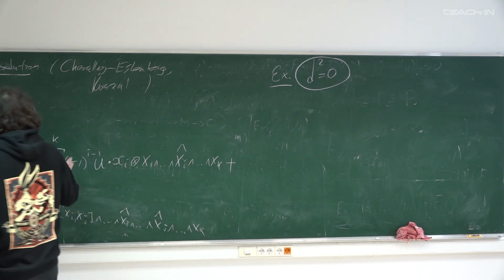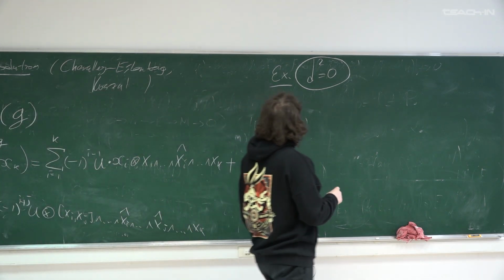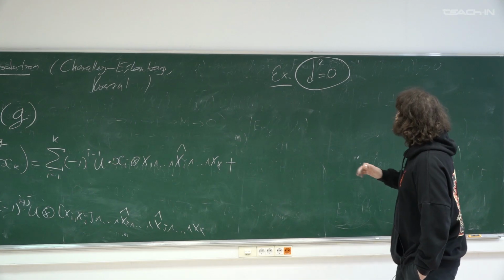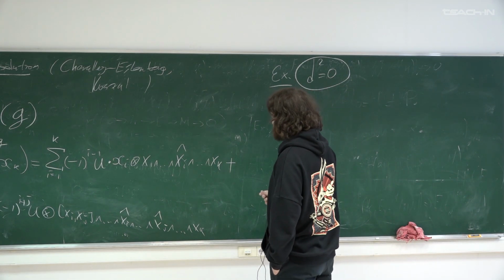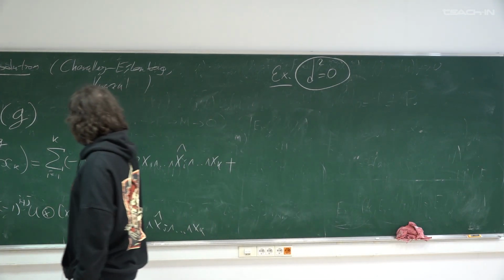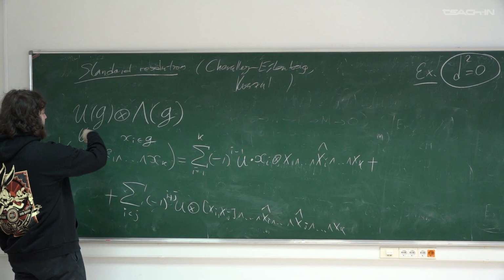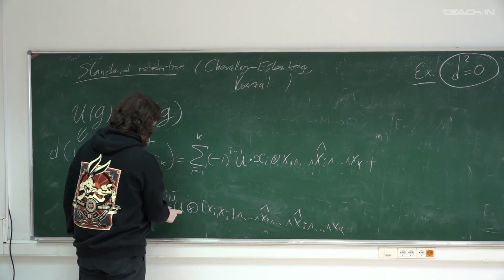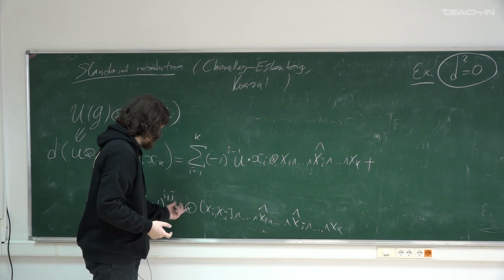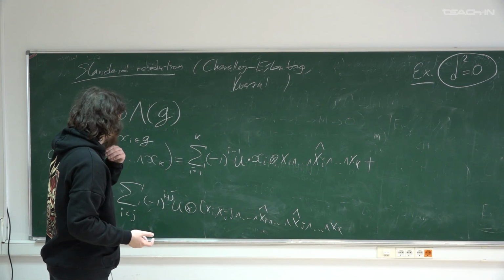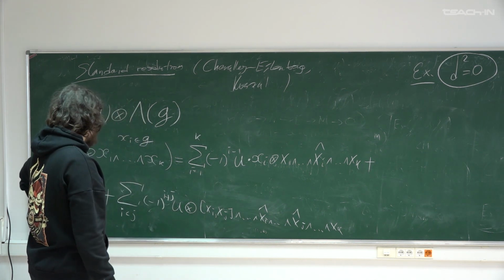But if we checked or believed that d squared is 0, then we obtain a resolution. From the formula it's clear that the differential is a UG-module map, it's UG-linear, because the UG factors remain on the left, unchanged.